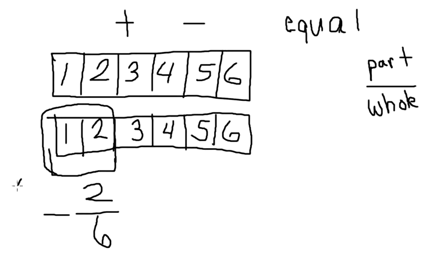We started with 6 pieces out of 6 pieces. And so if we were to take 2 out of 6 pieces, we did in no way change how many pieces we had altogether. So this denominator, or bottom number, didn't change.